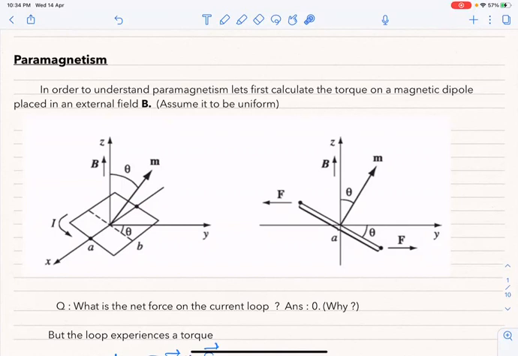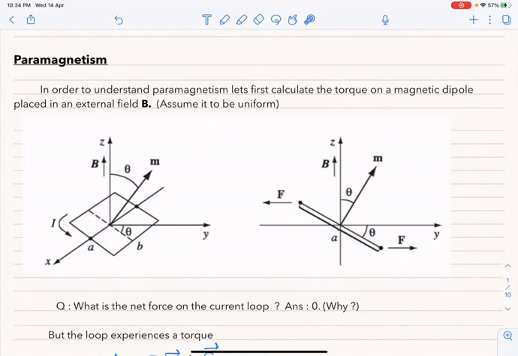The center of the loop is at the origin, the current is flowing in the anticlockwise direction, and the loop is tilted at an angle theta. Naturally, the dipole moment m will have an angle theta with respect to the axis, because m is perpendicular to the loop, right?